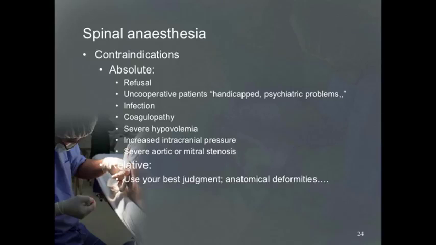And in this, remember, coagulopathy and infection are very important. If the patient has coagulopathy, or he or she is on anticoagulants, we must avoid spinal or epidural anesthesia, because there are chances of hematoma, and because of hematoma there is nerve compression, so we have to avoid it.